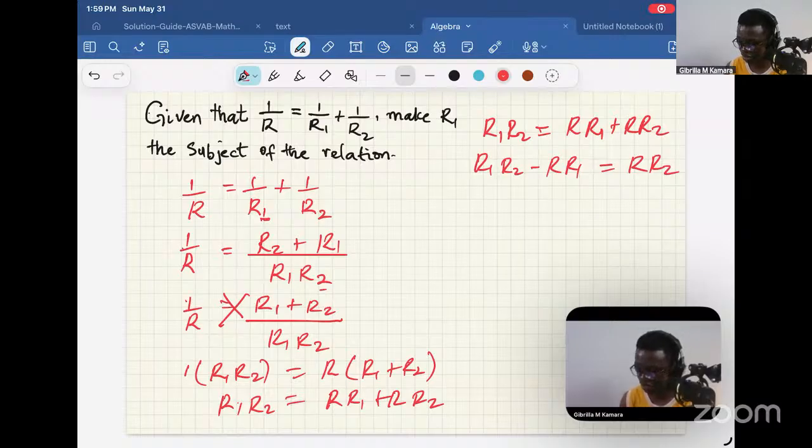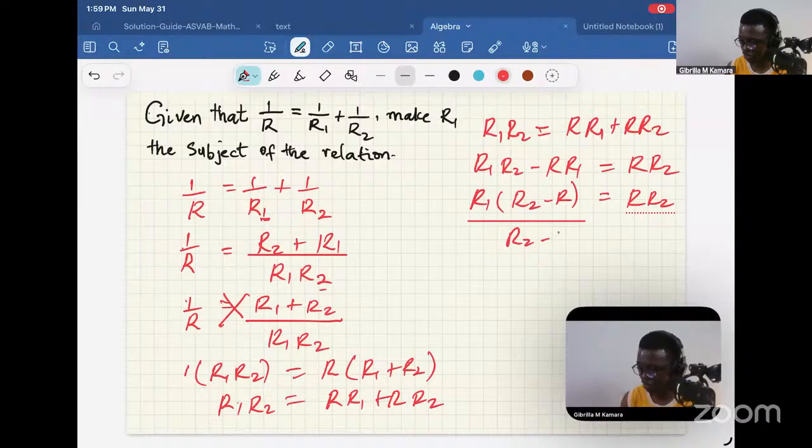What is common here is r1, which you are looking for, all into r2 minus r, equals r r2. You divide here by r2 minus r, and this again by r2 minus r.